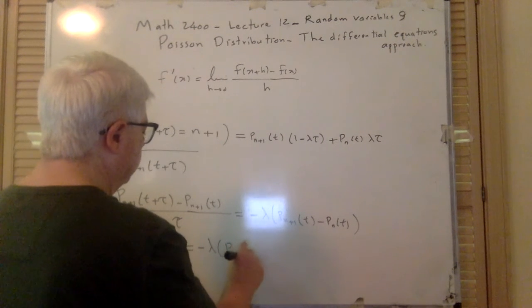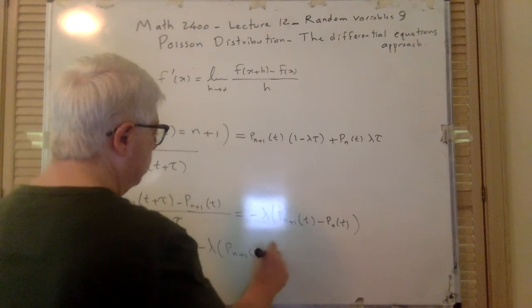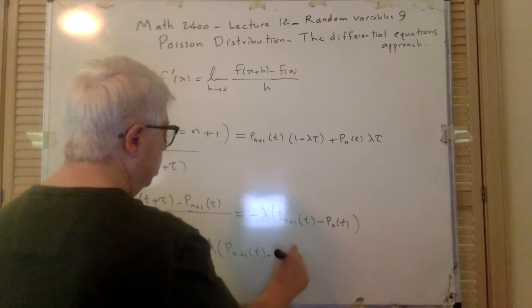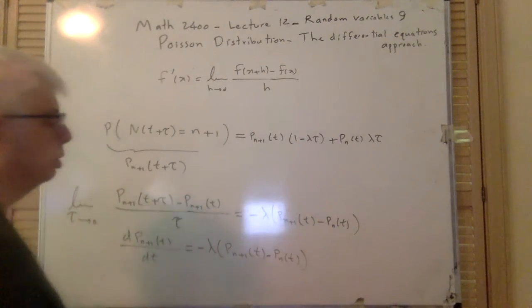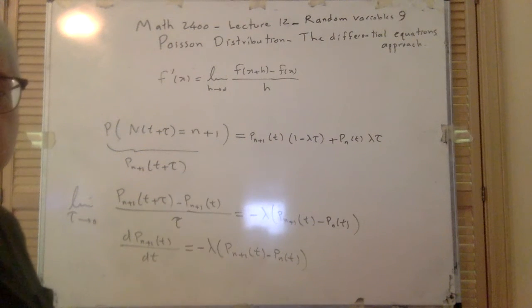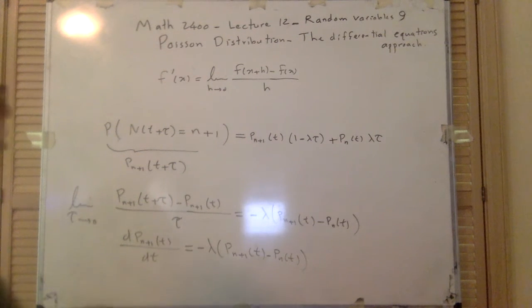So I have come up with a nice differential equation, minus lambda. But it's not one differential equation. Those of you who have taken differential equations can see that it is like a system of differential equations. But it's a very simple one. You can solve it.